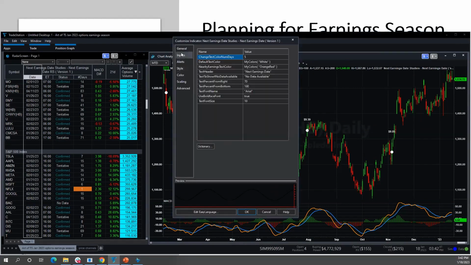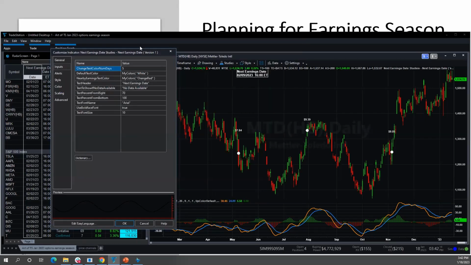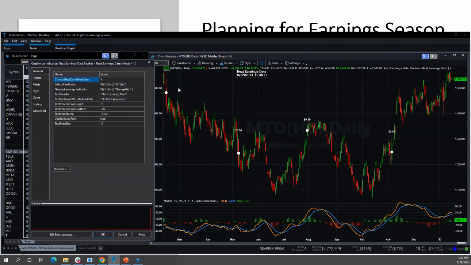If you go to the inputs, I moved the present from right to 70. So if you do this yourself, it's going to be over here in the top left. I just wanted it more in the middle of the chart because I found that it would overlap with the price chart less. The other thing is I changed it to white. That way it stands out more in contrast. I use black charts. If you use white charts or whatever, this is how you'd customize it.